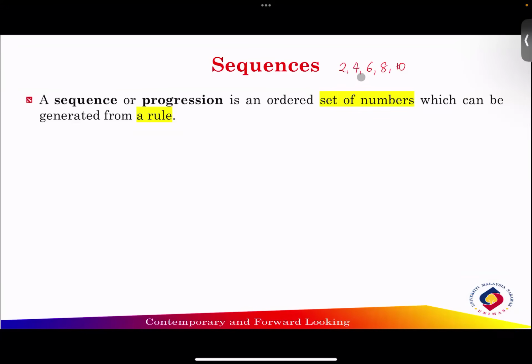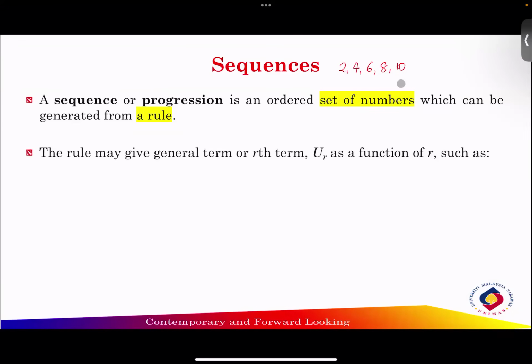It is a set of numbers formed by a rule. The rule may give the general term, the r-th term u_r, as a function of r, such as 1, 2, 3, where u_r is equal to r.